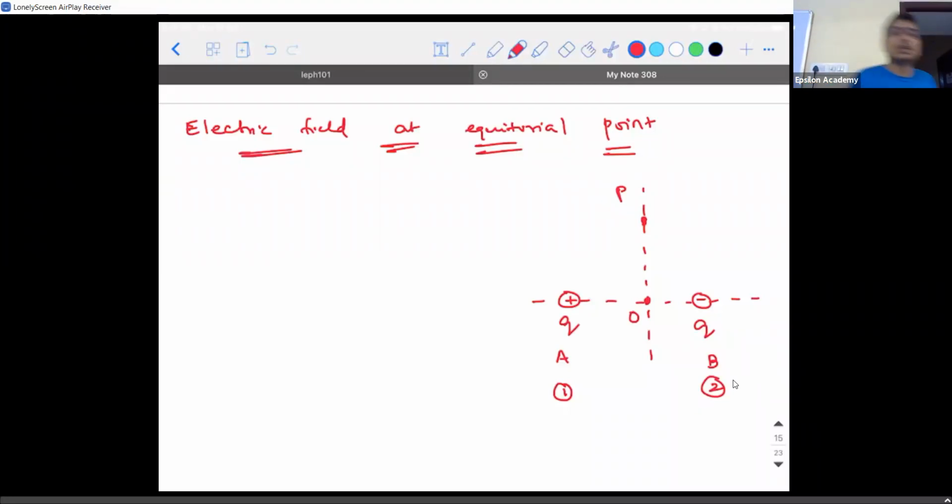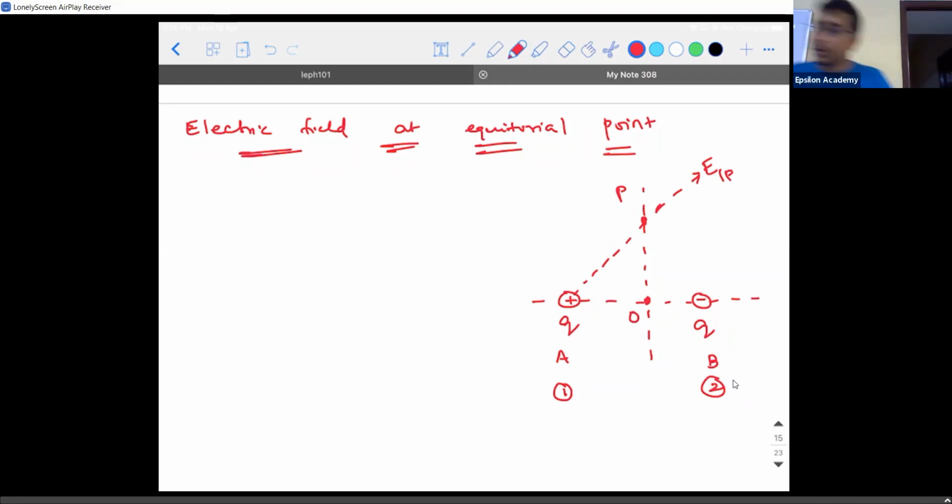What is the direction of the electric field due to a positive charge? Is it away from it? It is away. So the electric field is away along the line joining the charge and the point where you are trying to calculate the field. Let me call this E1P. So that is the electric field due to the first charge at point P.